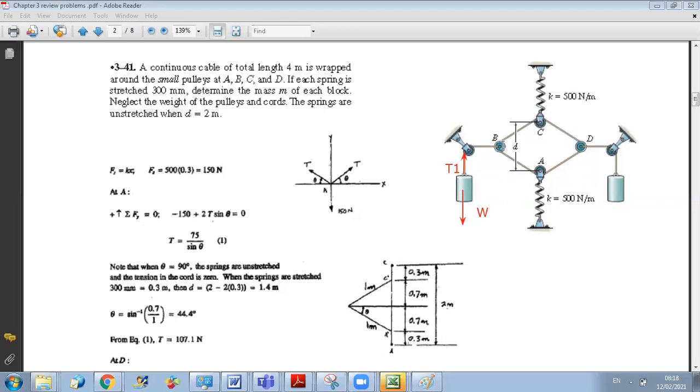So let us say why I thought I should do the analysis of B. Because look, this cable is starting from here, rolling over the pulley and continuing here. So the tension is the same over the whole cable. So now at point B, I have T1.